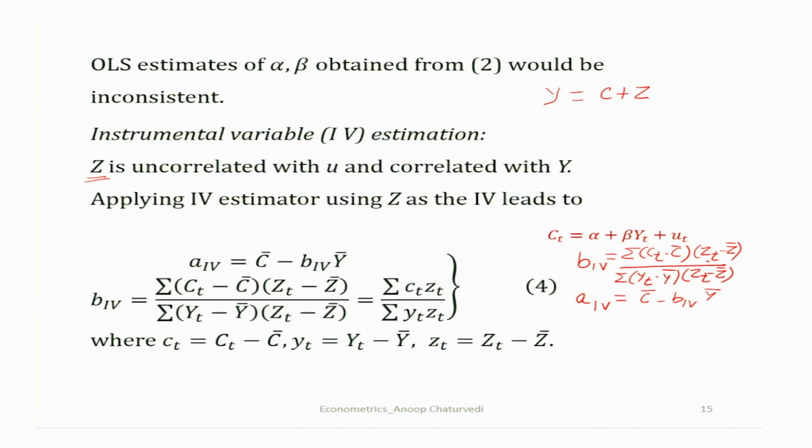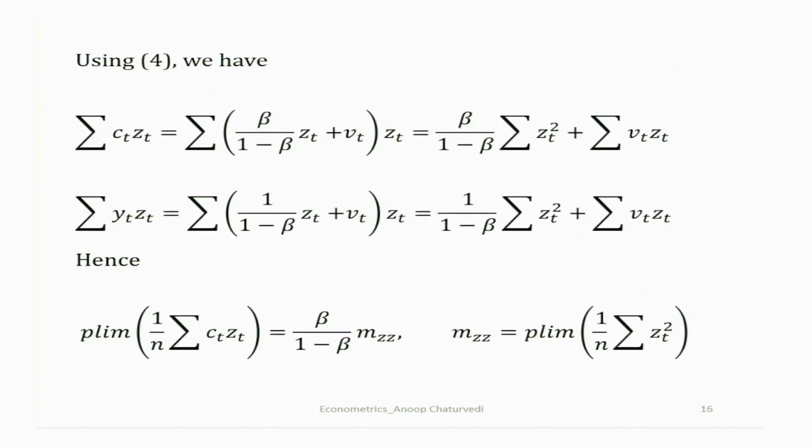So, you just take this Z as the instrumental variable. So, you get these instrumental variable estimators, and suppose you write C T minus C bar equal to small c t and Z T minus Z bar equal to small z t, and then we write Y T minus Y bar equal to small y t.